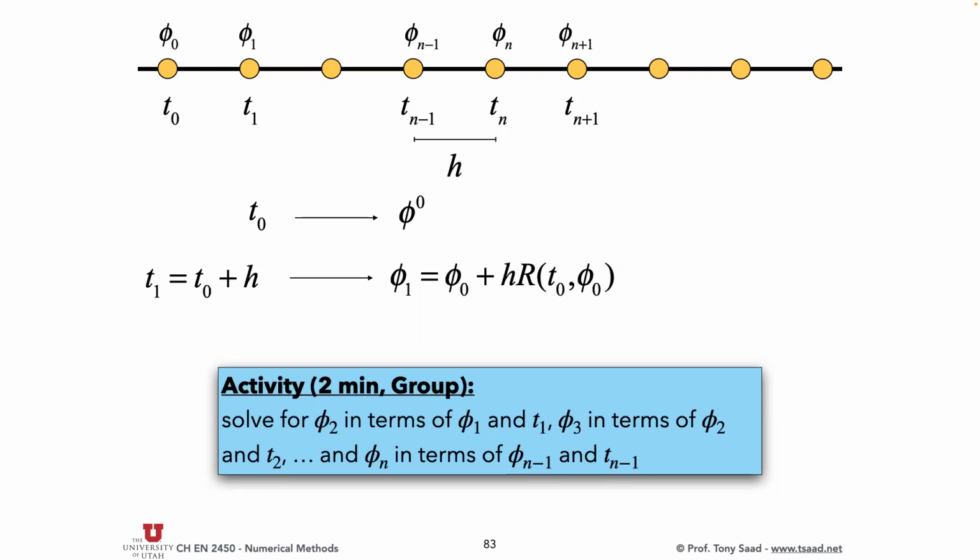Just write down the formulas. So you can either go back to the ODE itself and say, I'm going to evaluate d phi by dt at t1 and apply the forward Euler, the forward difference method, and so on. Or you can just infer this from the formula.